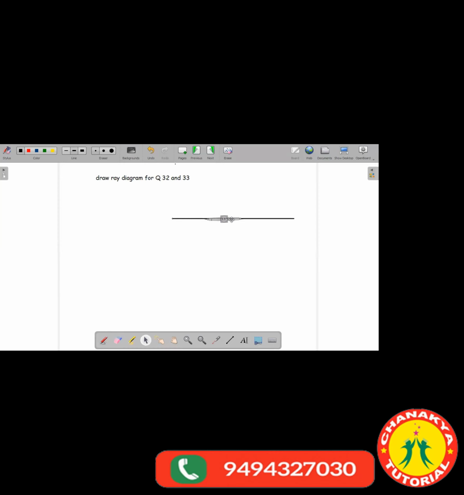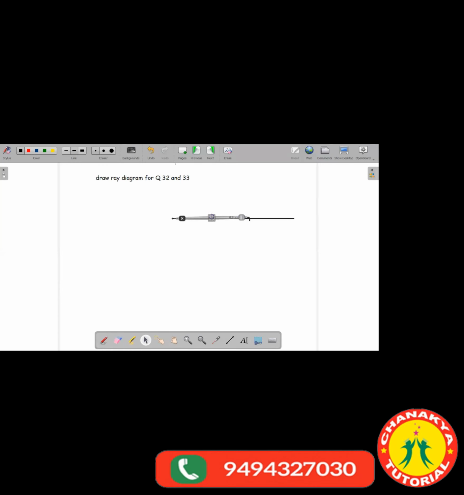This is how you have to work in your notebook. Again mark one over here. Now from the center of curvature, extend your compass up to this point. This is your point F.